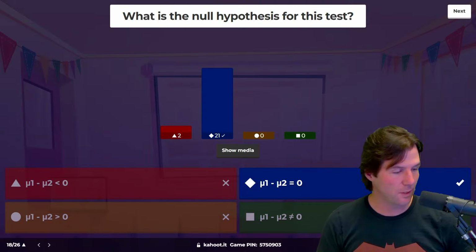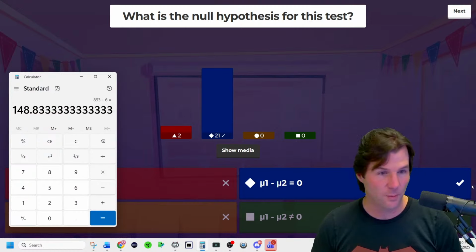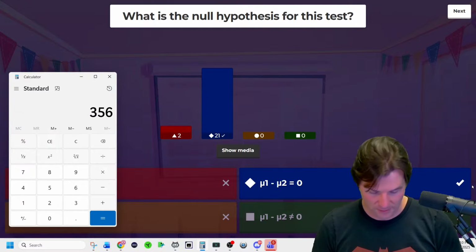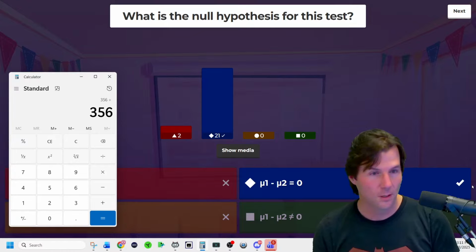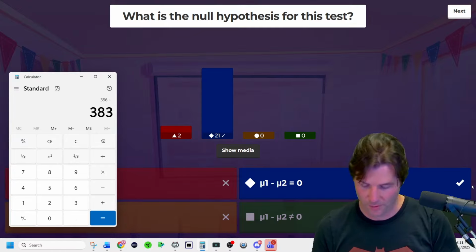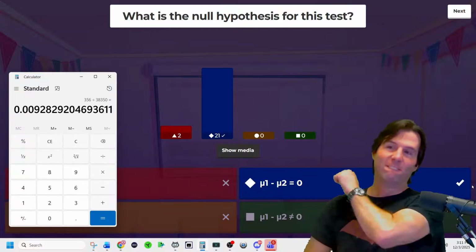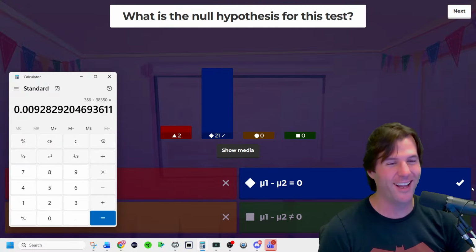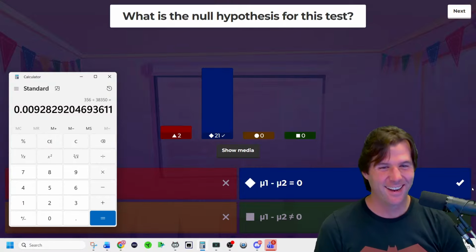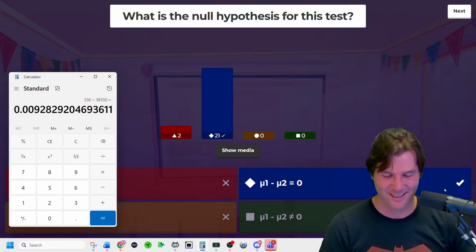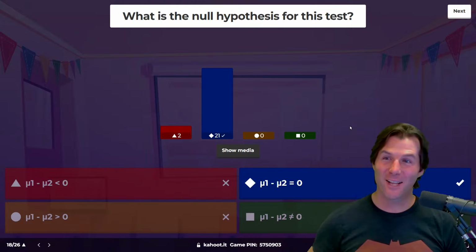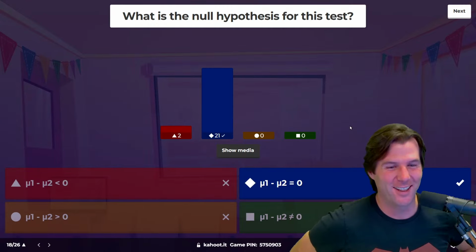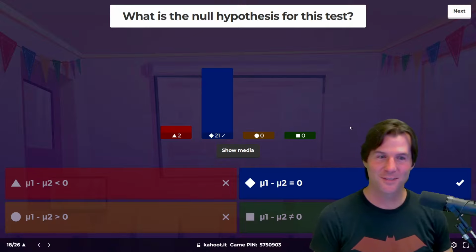No, 0.092. It rounds, but I was close enough. That's why I said Briley right there. 0.092. It rounds up, but we're close enough. I like mental math. It's fun stuff to do.